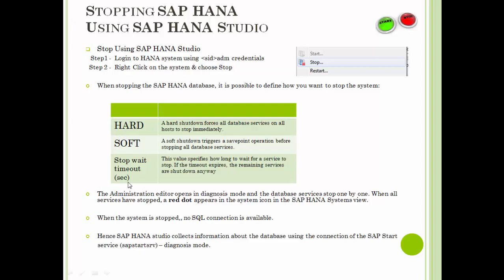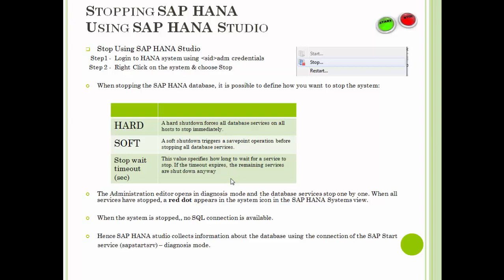And also we get to choose the stop wait timeout. This value specifies how long to wait for a service to stop. If the timeout expires, the remaining services are shut down anyway. So stop wait timeout is the duration that the stop command will wait until all the services are stopped.